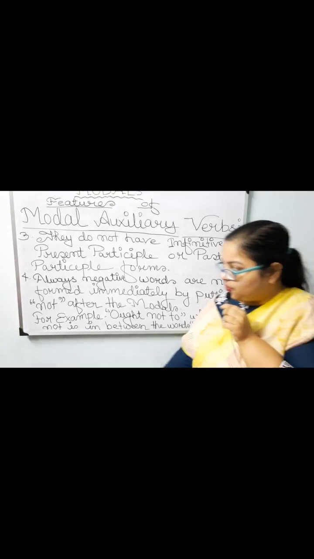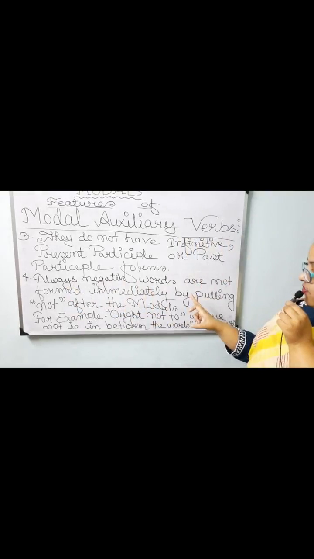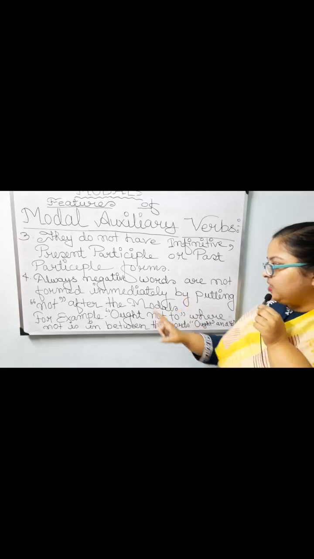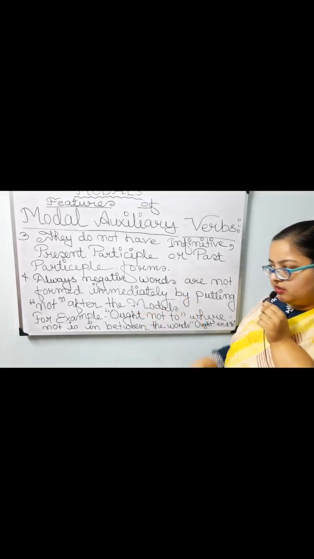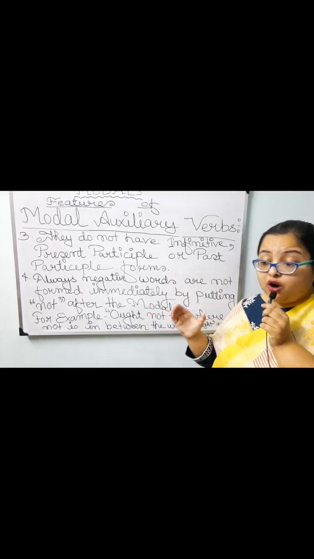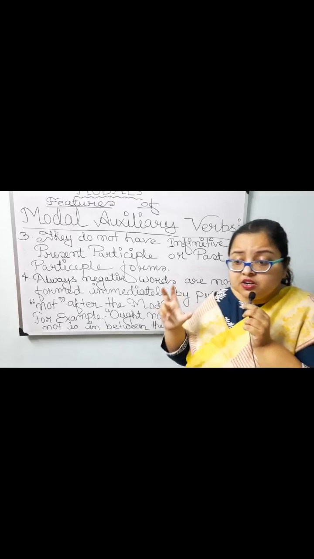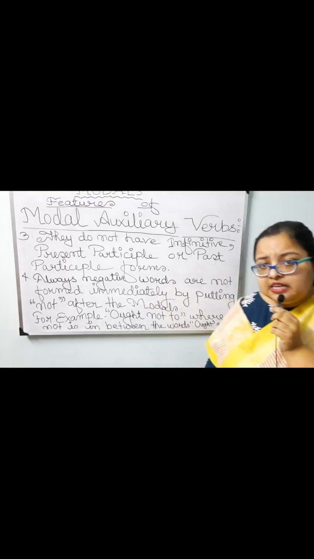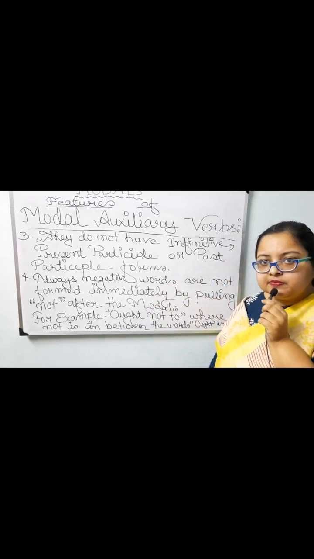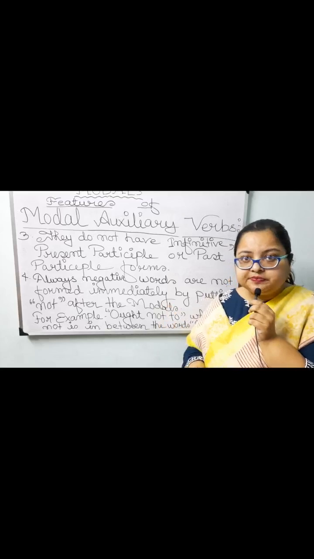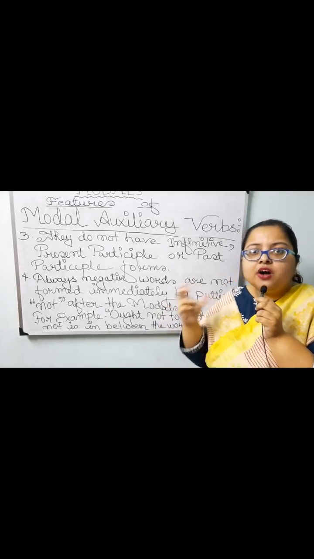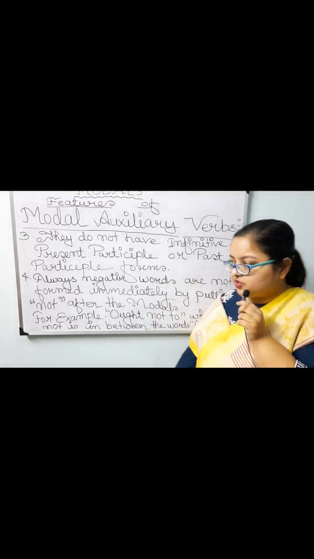Next one, number 4. Always negative words are not formed immediately by putting not after the modals. So always the very word not is not being put after that modal or after some modals as such.